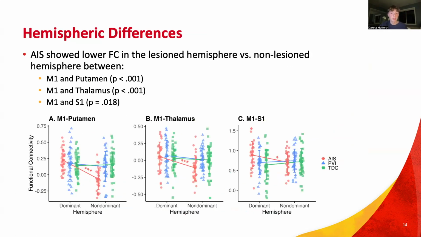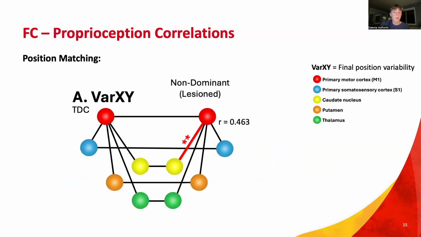I also found that arterial stroke showed lower functional connectivity within the lesioned hemisphere compared to the non-lesioned hemisphere, for the connection between the primary motor cortex and the putamen, the thalamus, and the primary somatosensory cortex.